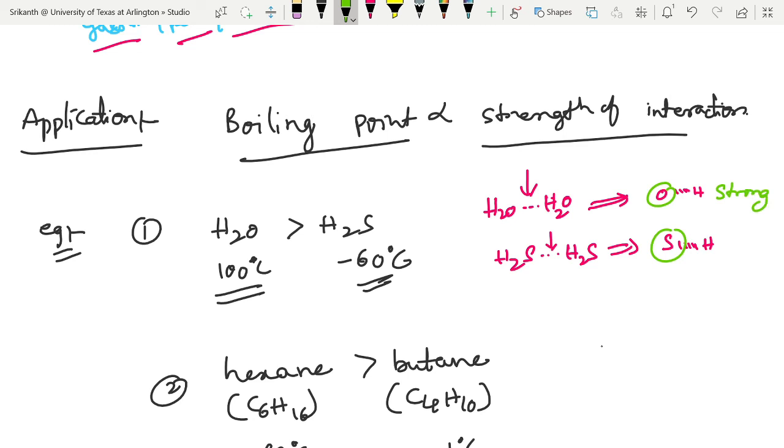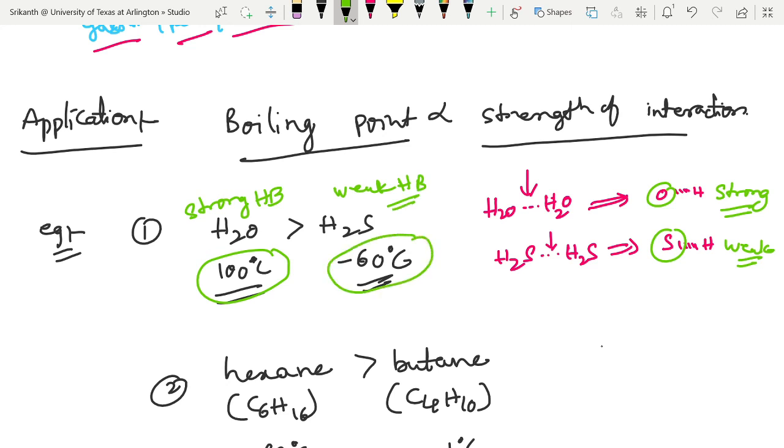The hydrogen bonding interaction is stronger in the case of oxygen and hydrogen than sulfur and hydrogen. So in water molecules, strong hydrogen bonding exists. That's why it has a higher boiling point. The boiling point is 100 degrees centigrade. But in the case of H2S, there is weak hydrogen bonding, because the hydrogen bonding strength is not that great. So that's why the boiling point is minus 60 centigrade.